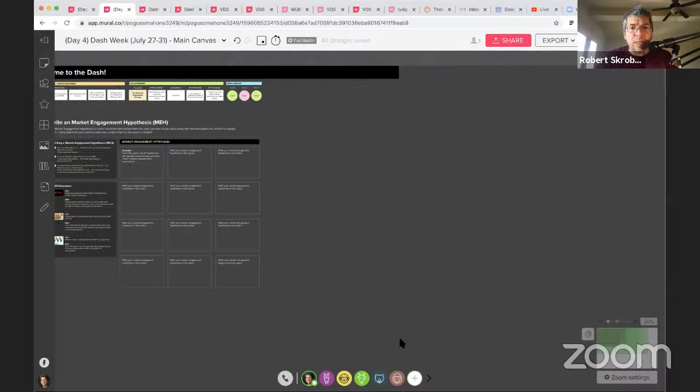After you write your market engagement hypothesis and put it in this space, you're going to break it down again into boxes: when, where, the percentage of the audience based on the signal that you think would be measured, and the audience, in this case musicians, will do this. So you're reframing it again.